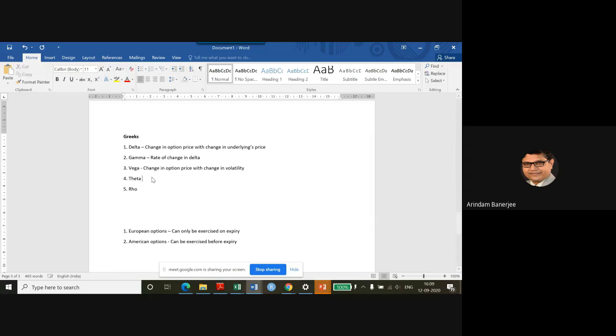Theta is the change with time, and rho is the change with interest rate.